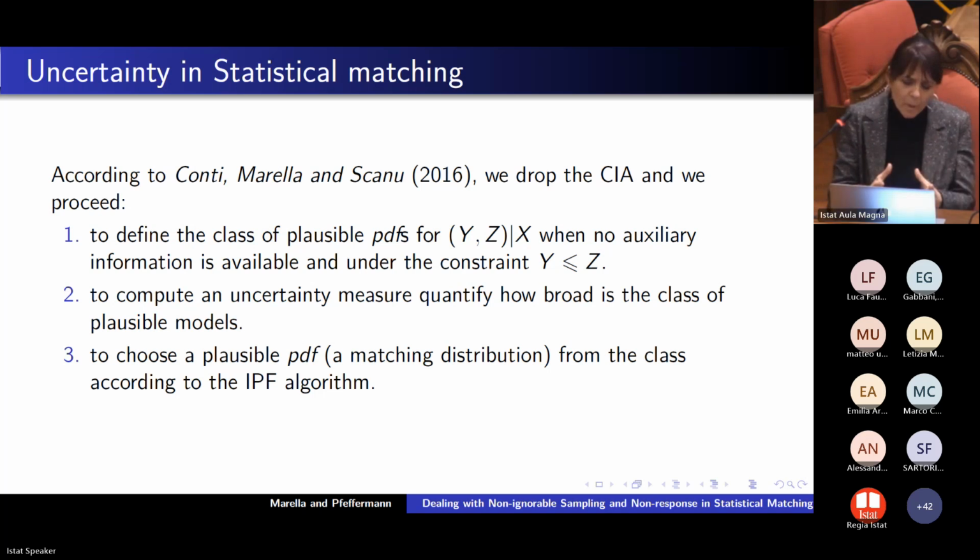And then we drop this assumption, and according to the methodology proposed in Conti, Marella, Scanu, we define, first of all, the class of plausible models for the variables of interest when no information is available and under the constraint that the variable Y is less than or equal to Z. Next, we compute an uncertainty measure, to quantify how broad, how large this class is. And finally, we propose the iterative proportional fitting algorithm to choose a matching distribution from the class.